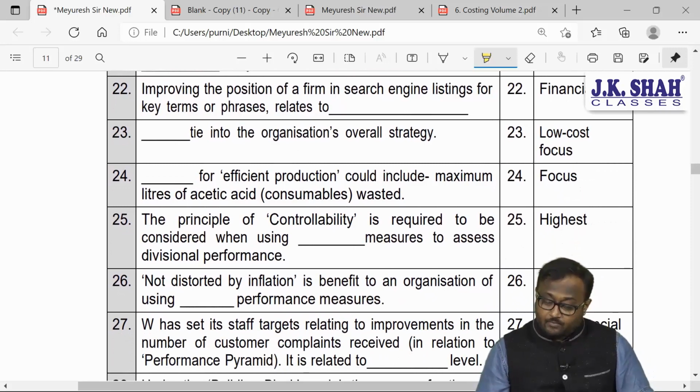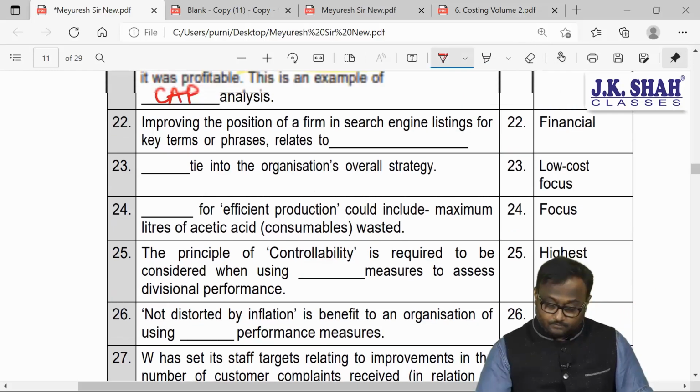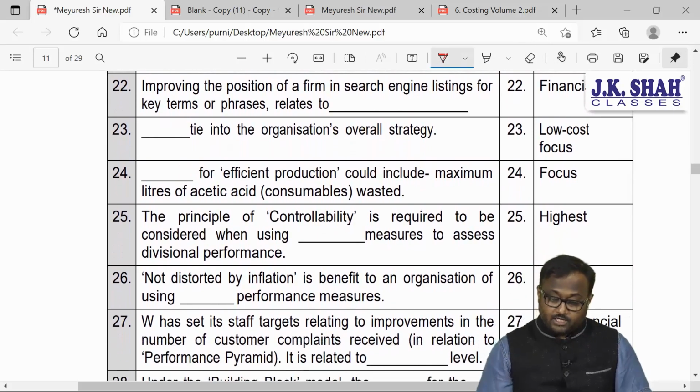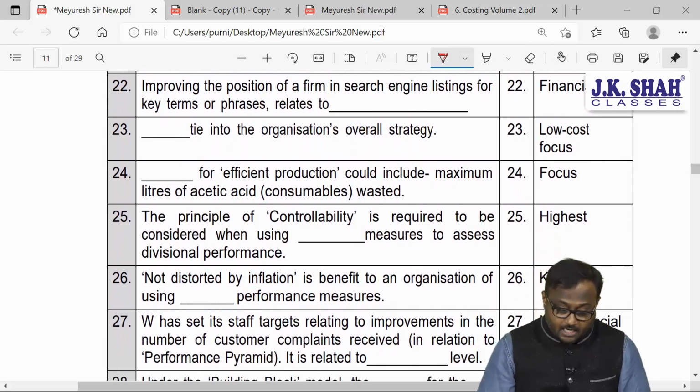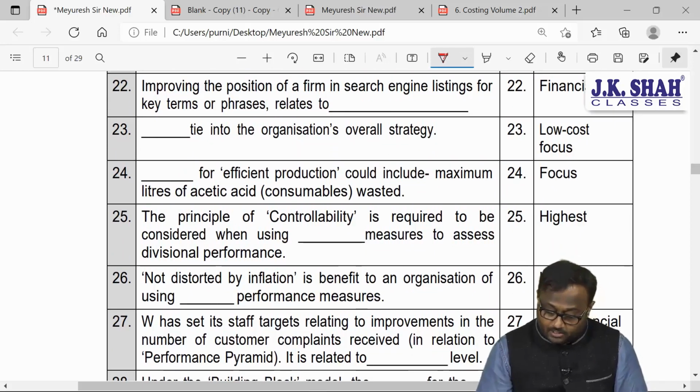Improving position of the firm in search engine listing for key terms or phrases relates to improving position in case of search engine, improvement related to search engine.